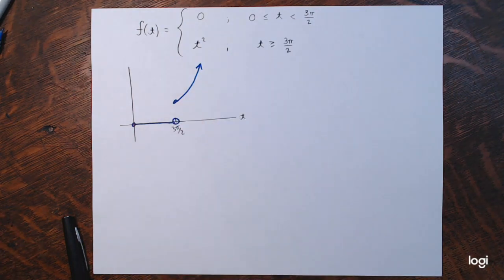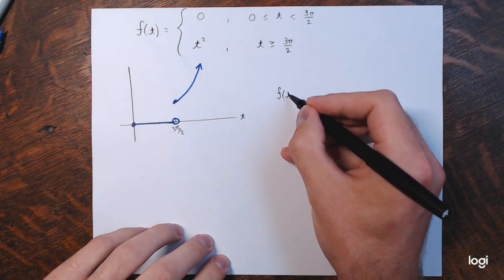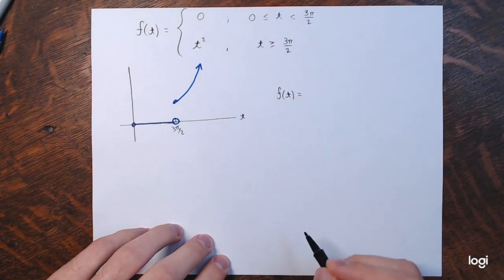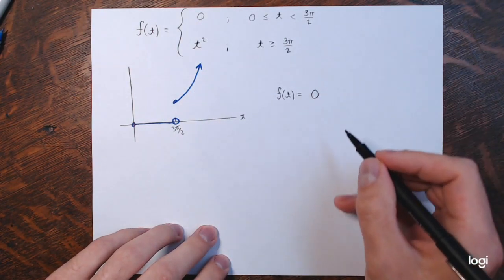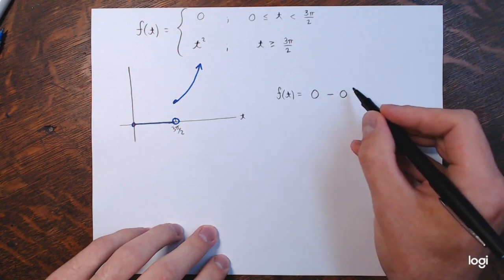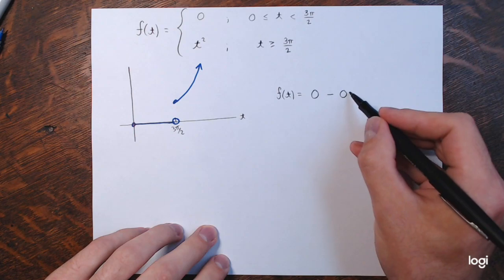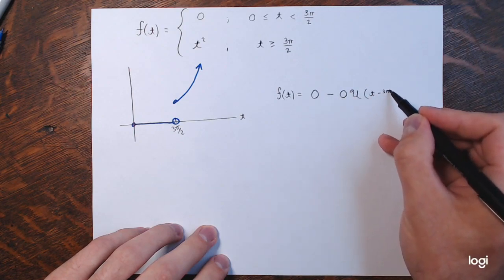Again, this is a very rough sketch of that function. All right, so again, pretty easy to write using the unit step function. So f of t equals, first I start with the first piece, and then I take away that first piece after 3 pi over 2, right? So 0 times the unit step function at t minus 3 pi over 2.